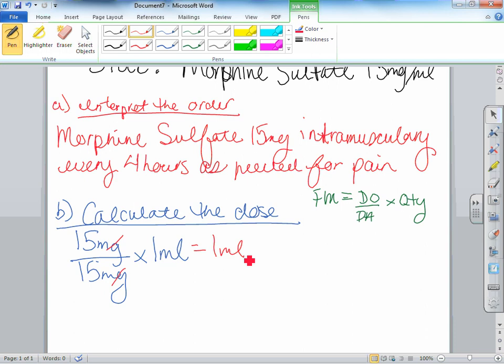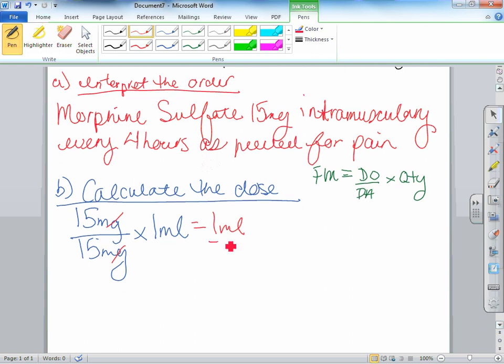So if in this case my dose ordered was 15 milligrams, but when I look at the label I see 15 milligrams per 1 milliliter, well, that means that my dose available is that 15 milligrams, and that quantity is the 1 milliliter that's associated to that 15 milligrams.